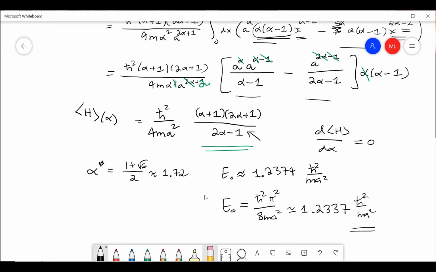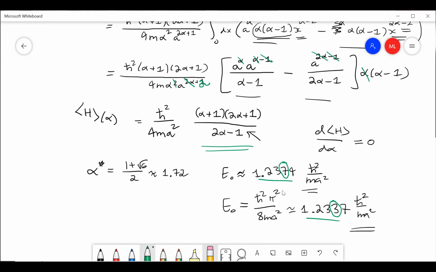So in terms of these units, the h bar squared over m a squared units, you see it's just different in the fourth significant figure. Really remarkable, very powerful. You can get the ground state energy just a little bit off from the true one. And moreover, because of the variational principle, you know that this number is going to be bigger than the real one.